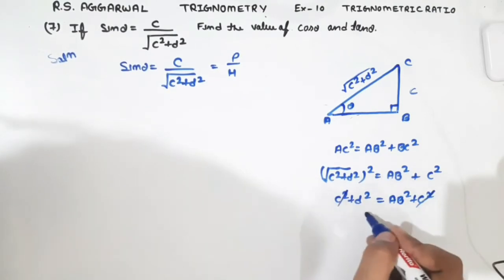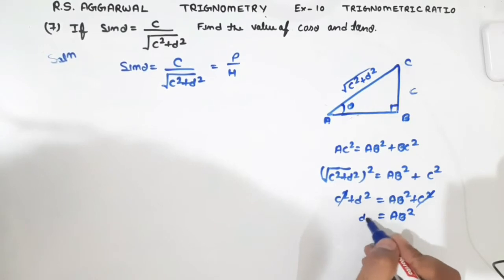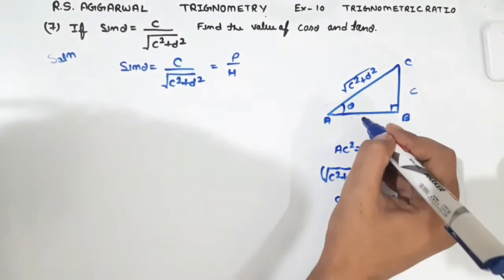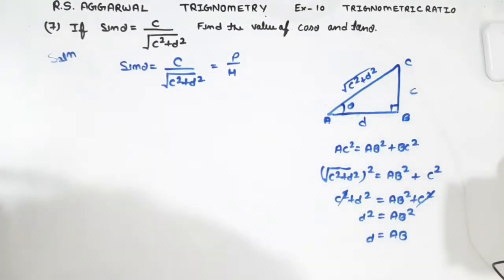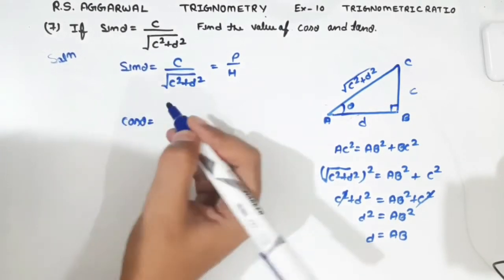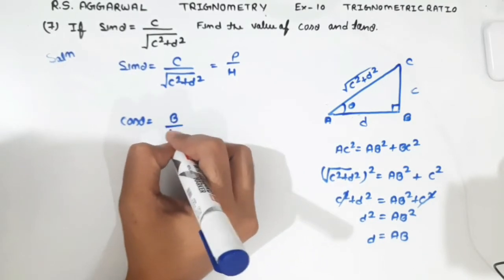So from here this will be C square plus D square equals AB square plus C square. C square will be cancelled out. So from here AB square will be D square. So from here AB will be equal to D. So this is our base. So now we have to find cos theta, that is equal to base upon hypotenuse.